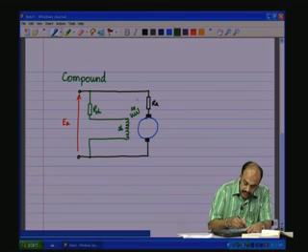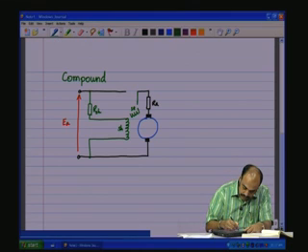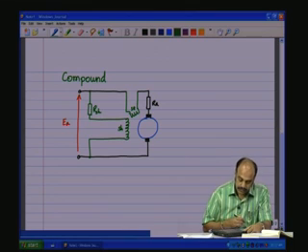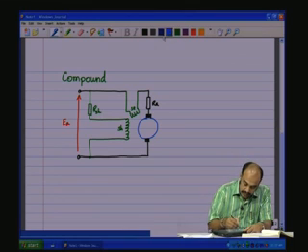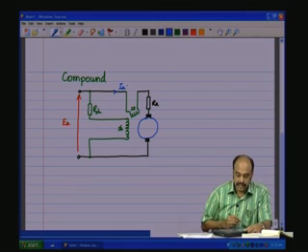Now, the series winding will be connected in series as shown, where the armature current flows through the series excitation winding.